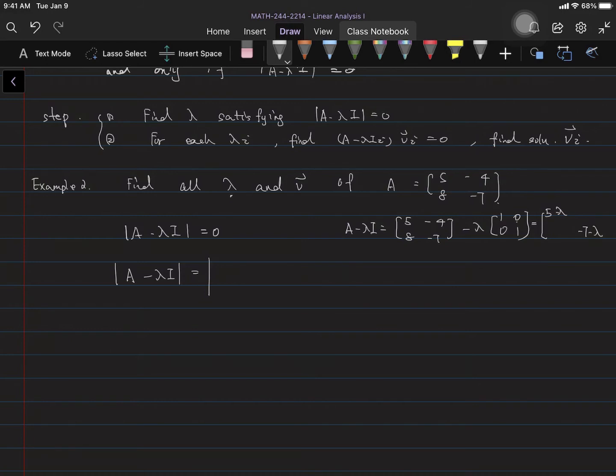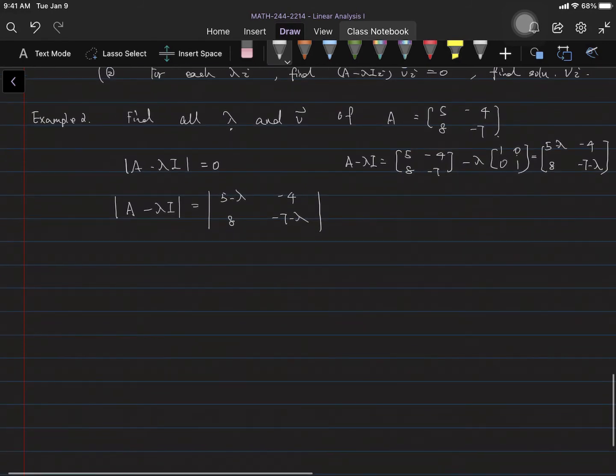For the other two positions, they are all zeros, so we keep -4 and 8 the same as before. How to find A minus lambda I? We just subtract lambda in the diagonal positions, and the other numbers keep the same. So in the future, you can write down this step directly.